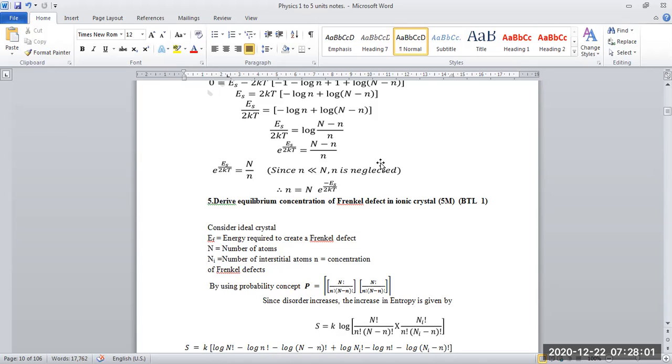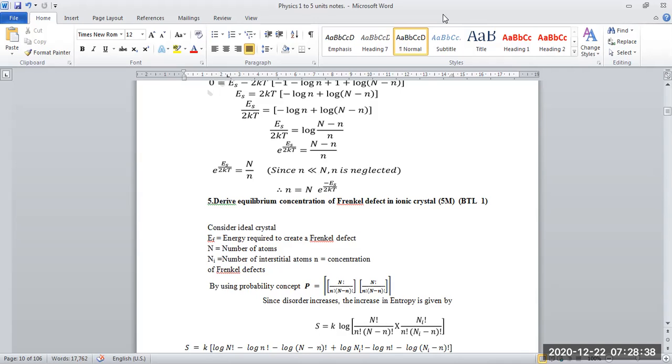You need not worry about the understanding part, but you have to understand it in a very clear way, and we'll clear all the doubts you are having. With this, we'll wind up our class, and in the next session we'll go for the last topic of chapter 2, that is Frenkel defect.